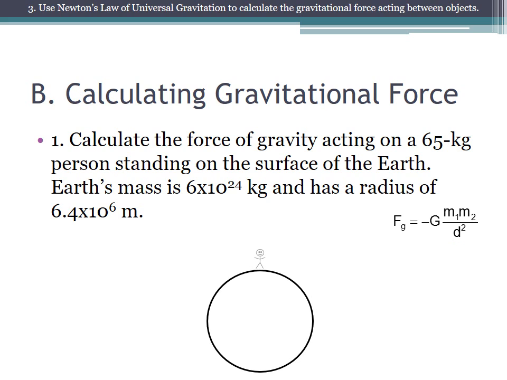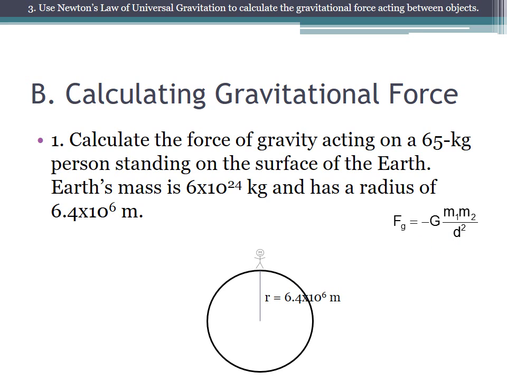So when we talk about someone standing on the Earth, we need to know the radius of the Earth to figure out how far the person is away from the middle of the Earth. So remember radius from your math classes, that's the distance from the middle of a circle to its edge. And for the Earth, that is 6.4 times 10 to the 6th meters. And so that will be our distance term that we plug into our equation here.